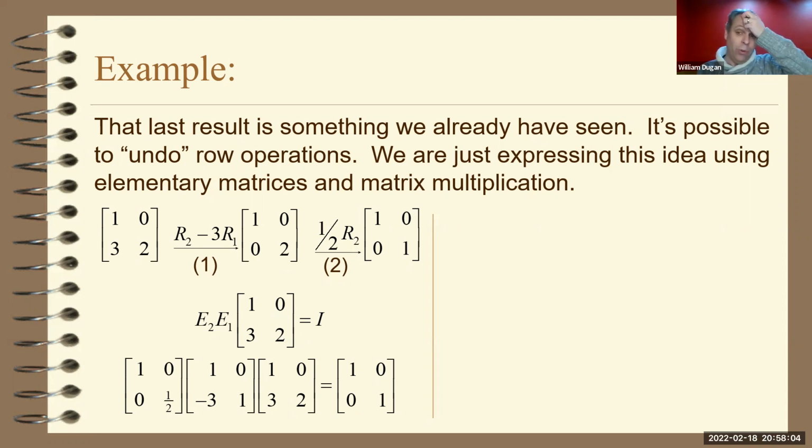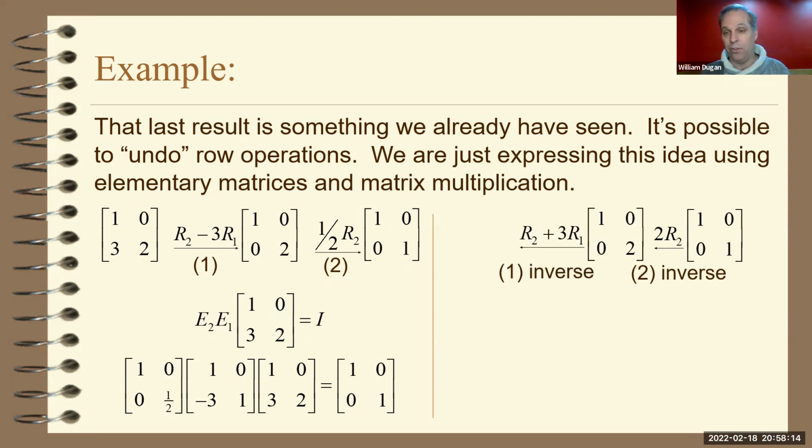But we also know that these row operations can be reversed. So start with the identity and use 2 times the second row. That would give you the matrix 1, 0, 0, 2, and then use the inverse row operation for the first row operation to get back to the original matrix.